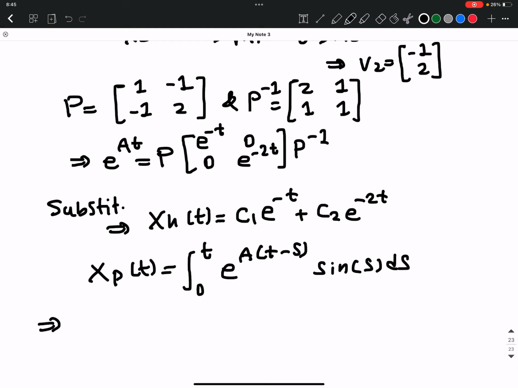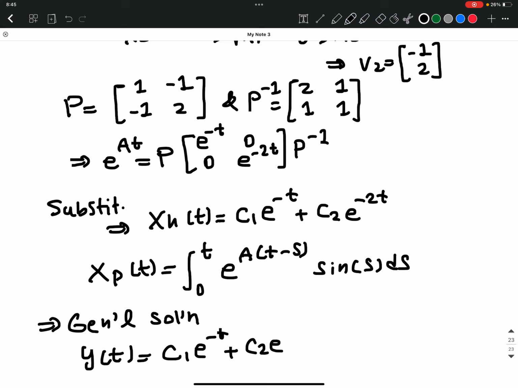This would be our general solution, and there is another way to do this. I will talk about that. But our general solution would be C1 e to the minus t plus C2 e to the minus 2t plus my particular solution, which would be 1 over 10 sine of t minus 3 over 10 cosine of t.